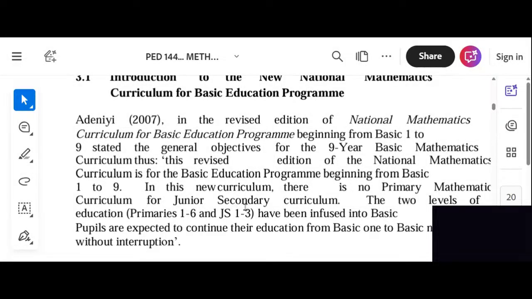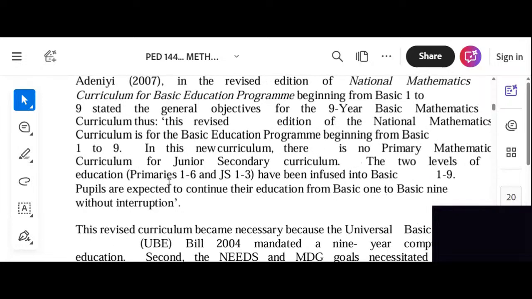In this new curriculum, there is no primary mathematics education, that is primaries 1 to 6 and JSS 1 to 3. We just have basic 1 to 9. So the two levels of education, the primaries and the JSS, have been infused into basic 1 to 9. Before this new curriculum, what we usually used was primary 1 to 6 and then JSS 1 to 3, then you go to your SS.